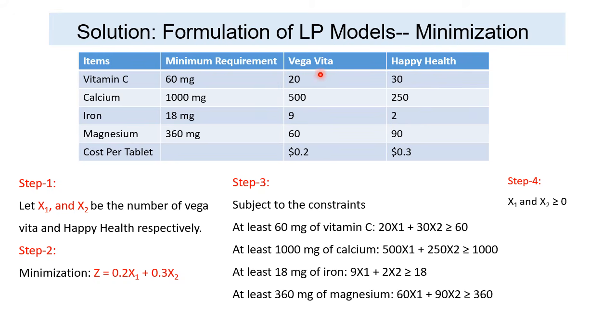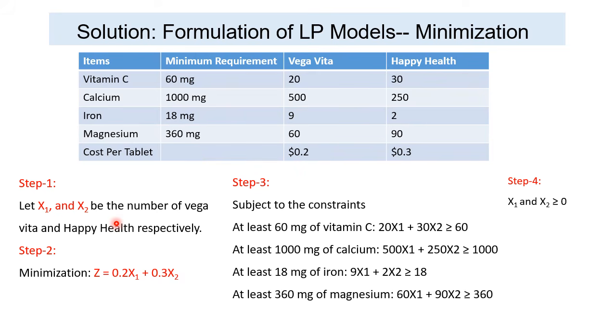And this is the content of the nutrients for Vega Vita, and this is the content of the nutrients for Happy Health, and their corresponding costs are $0.2 and $0.3 for Vega Vita and Happy Health respectively.